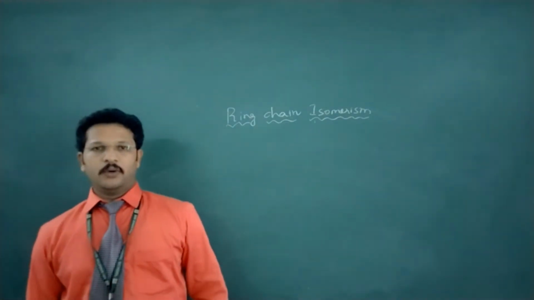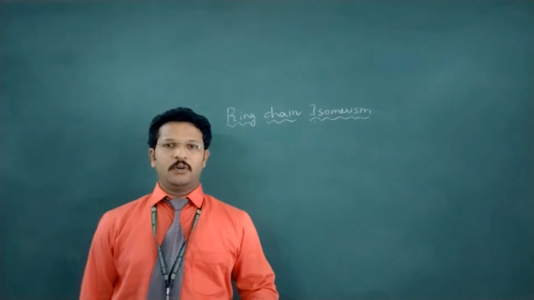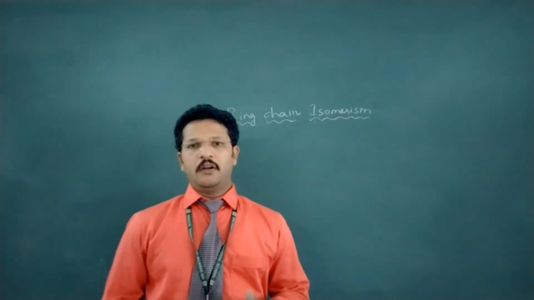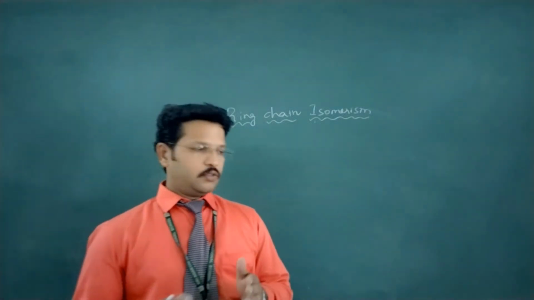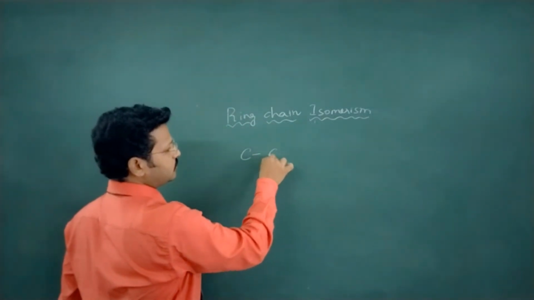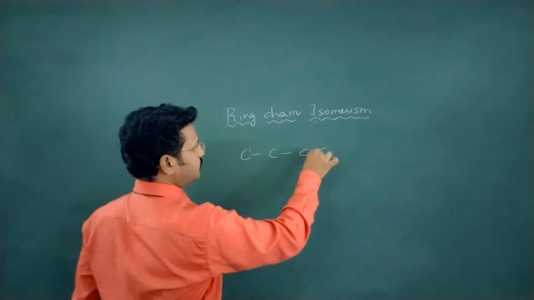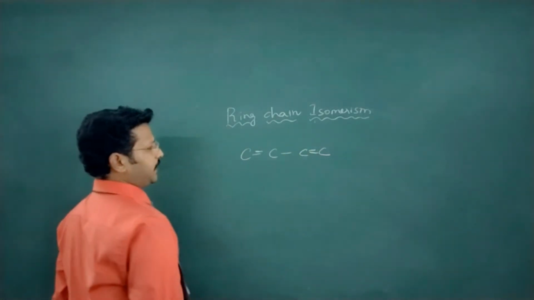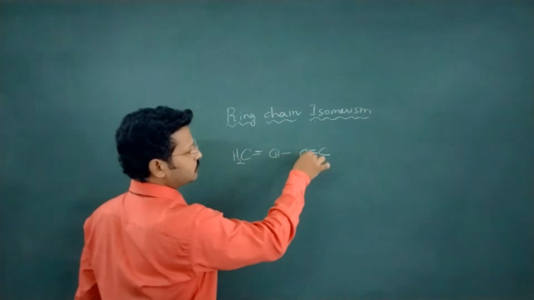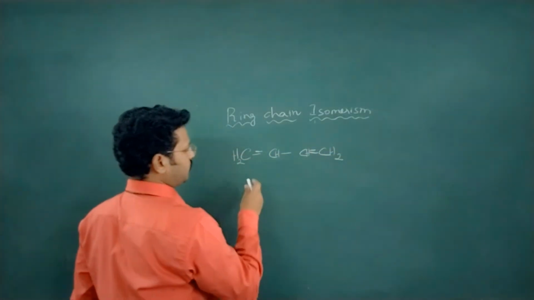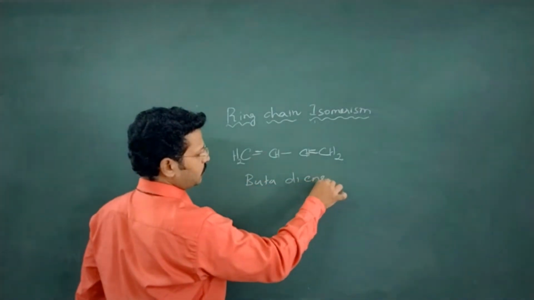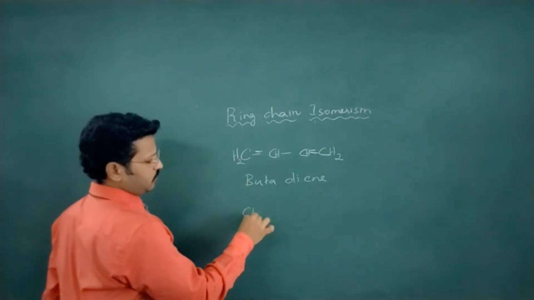The ring chain isomer is not only a chain isomer, but it also satisfies the constraints for a functional isomer. Just check, we are having alkenes, dienes. This is an alkene-diene. Butadiene.